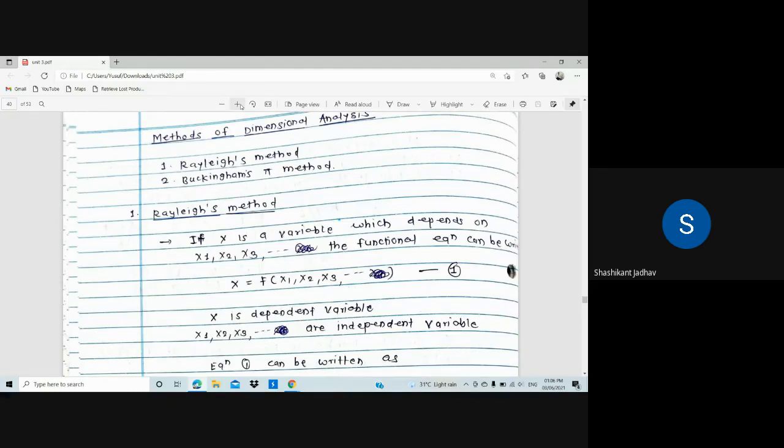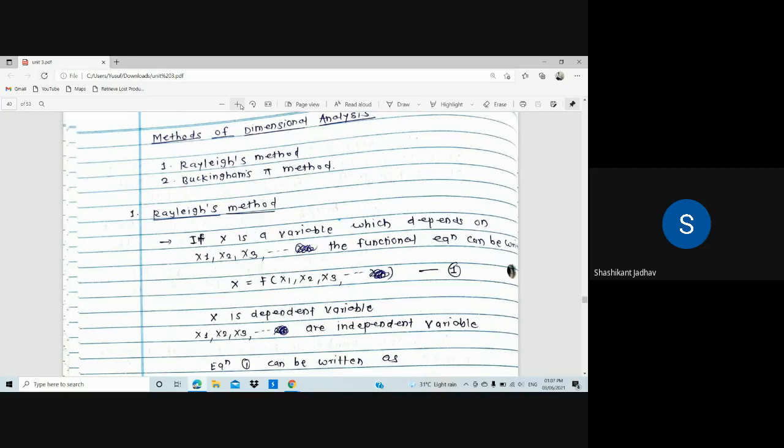Write down: if x is a variable which depends on x1, x2, x3, the functional equation can be written as follows. Here x is a variable, and it depends upon x1, x2, x3.